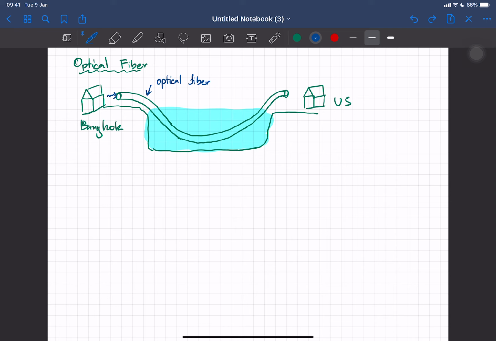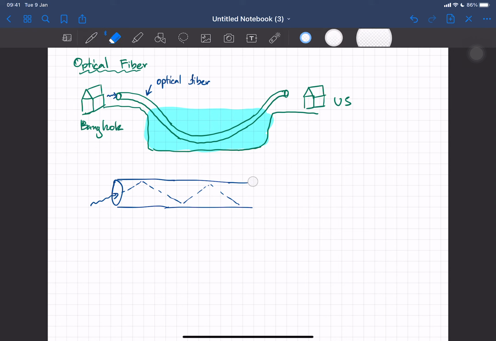But because total internal reflection happens all the time, if you zoom in, then the light that enters this glass tube will just bounce around without leaving the tube. So you can carry light using this method hundreds of kilometers.